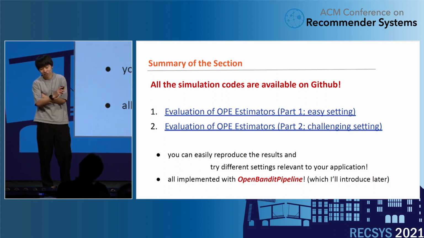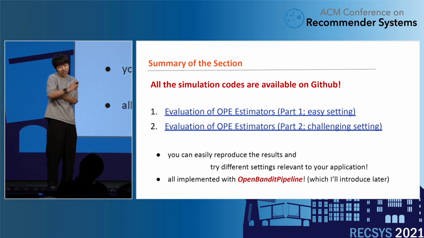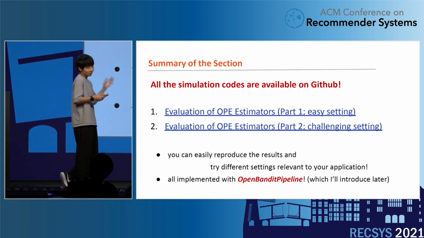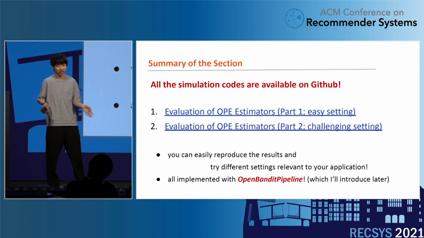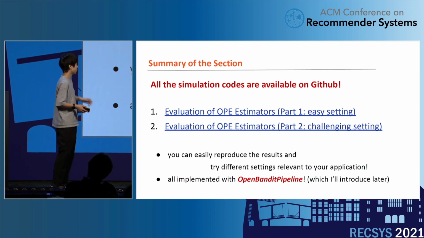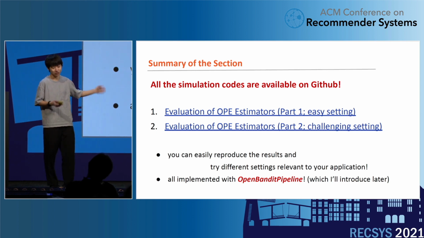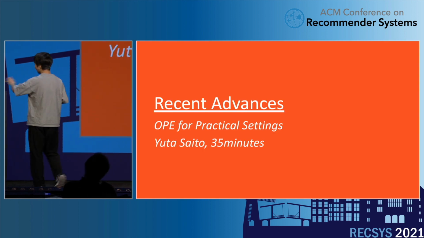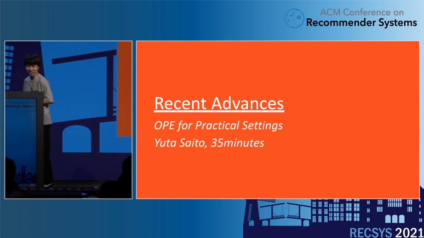I'm going to introduce what it is, how we can accelerate our research, and how we can accelerate our study on off-policy evaluation using this package in the second half of the tutorial. But let me just say here that all the implementations are very easy to modify because of this package.